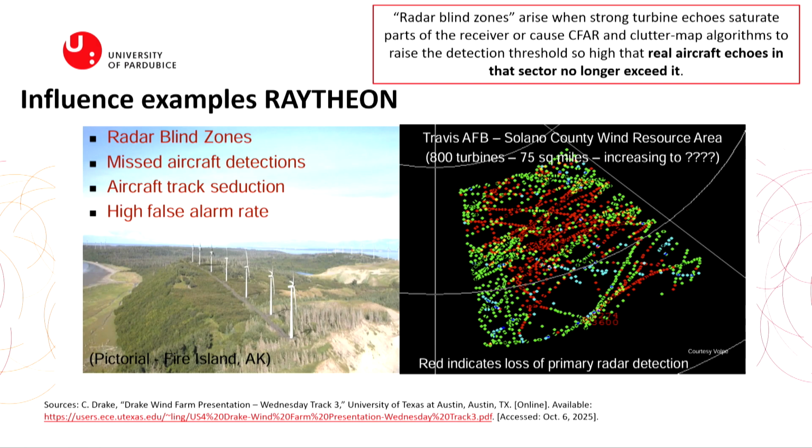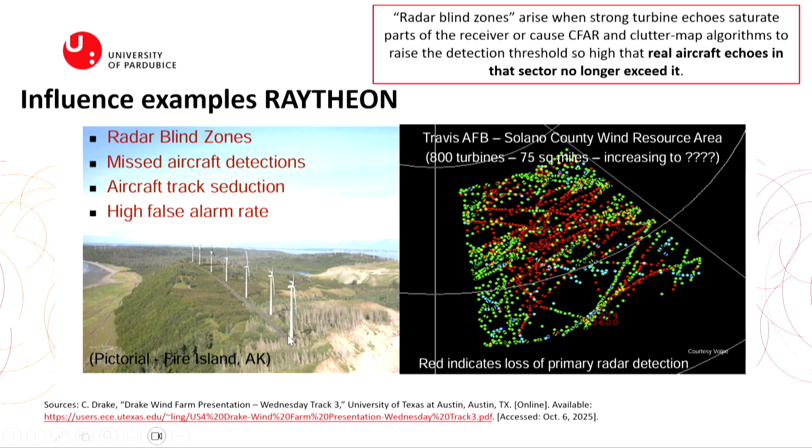And check this one. Another example, the green one is good detection and the red one is bad detections, lost detections. 50% on average where the radar loses detection, but this is terrible.